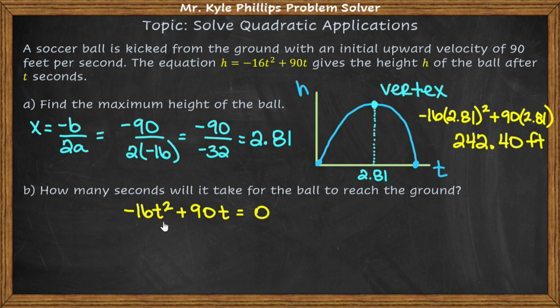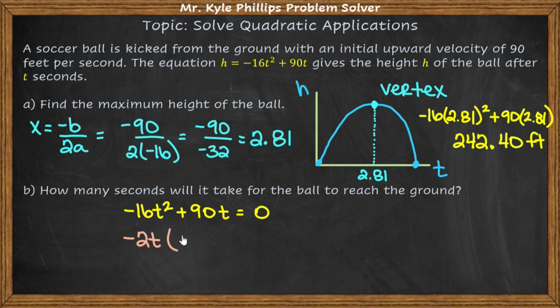So remember, when you have two terms, you always want to check for GCF. We're always looking for the greatest common factor. So I know I can factor out a t. What else could I factor out? What is the largest number that goes into 16 and 90? And I believe that's going to be 2. So here I can factor out a negative 2t.